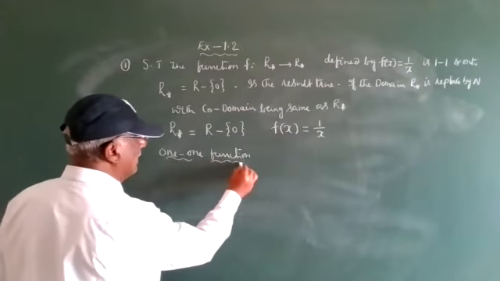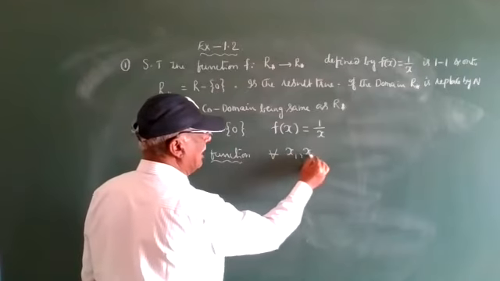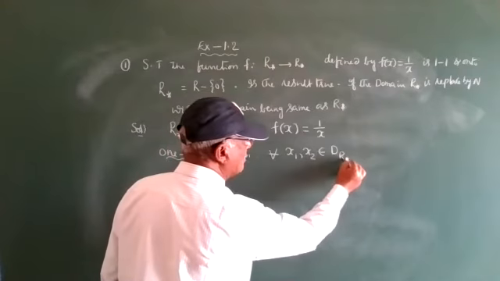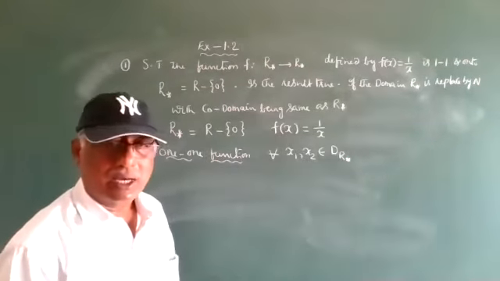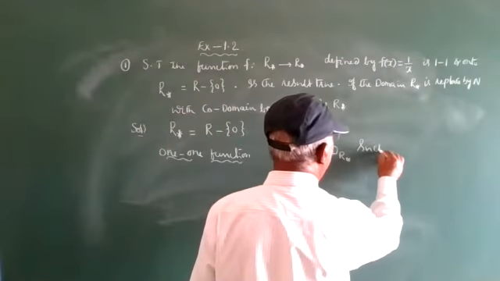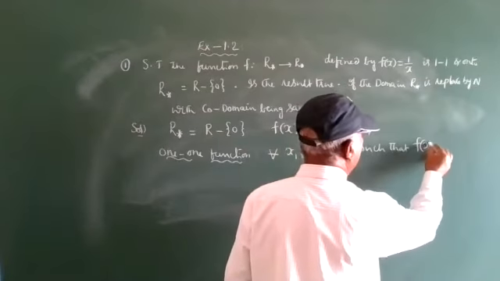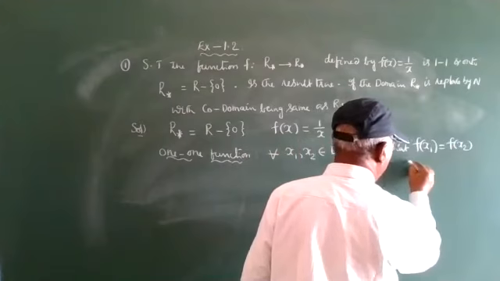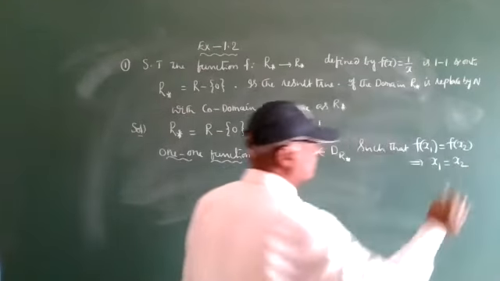Immediately write down the condition: for all x1, x2 belonging to the domain of R star, such that f of x1 is equal to f of x2, that implies we have to show that x1 is equal to x2.